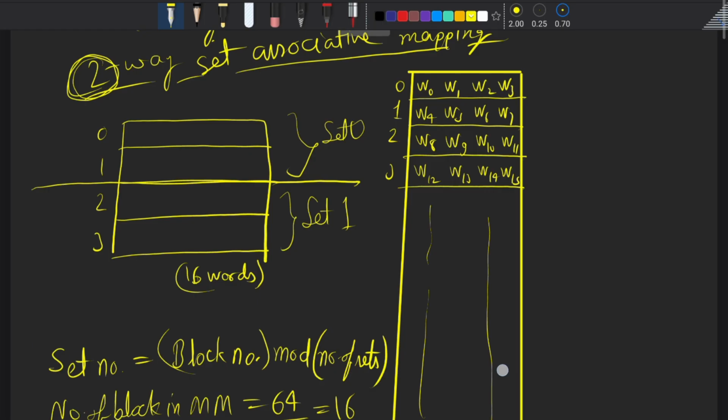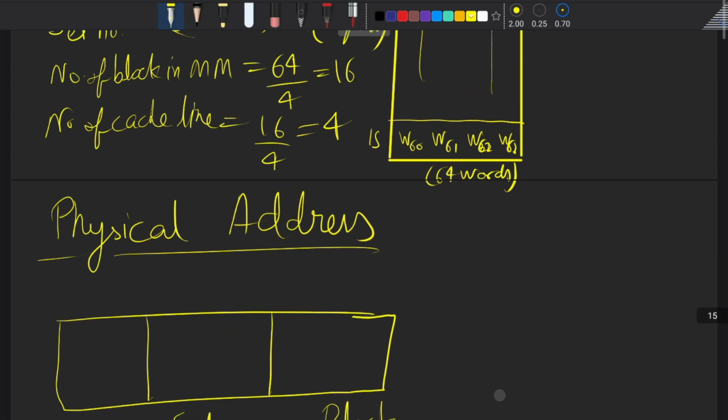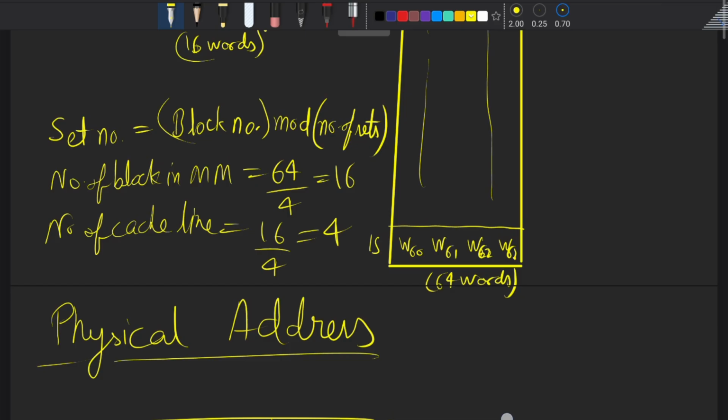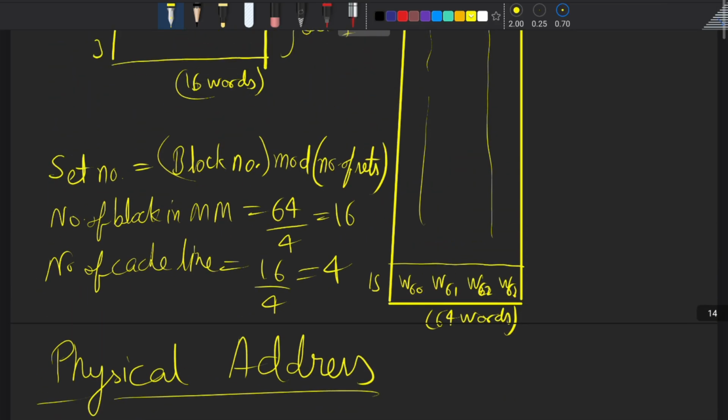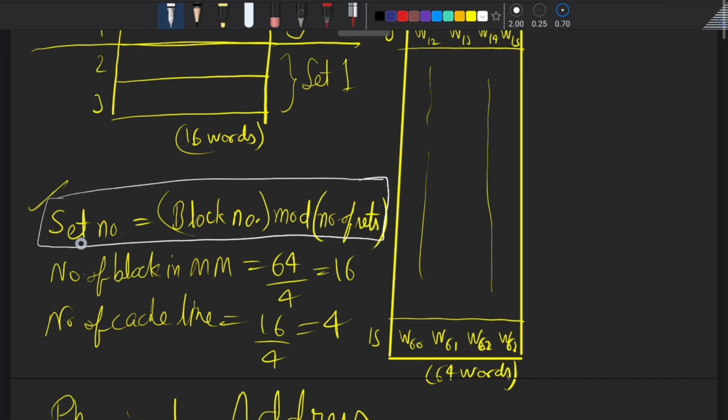So let's move further and see how we decide which block goes to which set. As we used to decide in direct mapping, this also has a similar formula, which you can see here. To decide which block number will go in which set number, we have the formula: set number is equal to block number mod total number of sets.